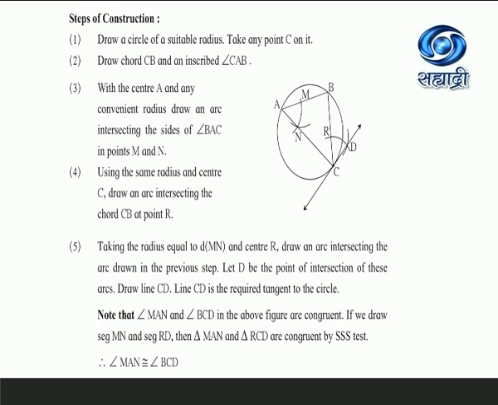So these two triangles are congruent by the SSS test. Therefore angle MAN is congruent to angle BCD or RCD. So these are the basics of it.